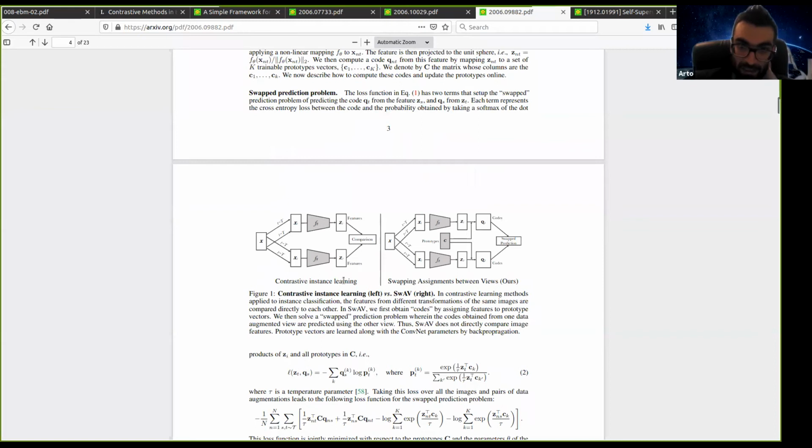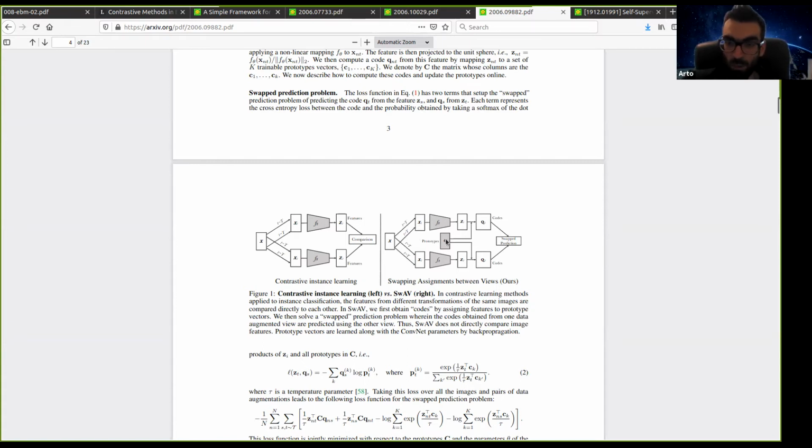This is regular contrastive learning, and what they try during training is, for each sample, they assign it to a cluster, and we try to predict a cluster for one augmented version from another augmented version, and vice versa.